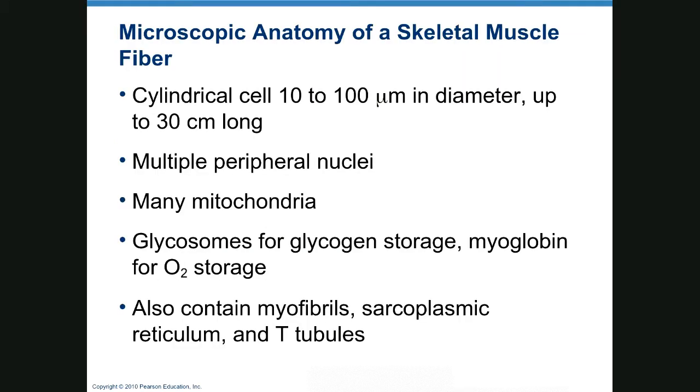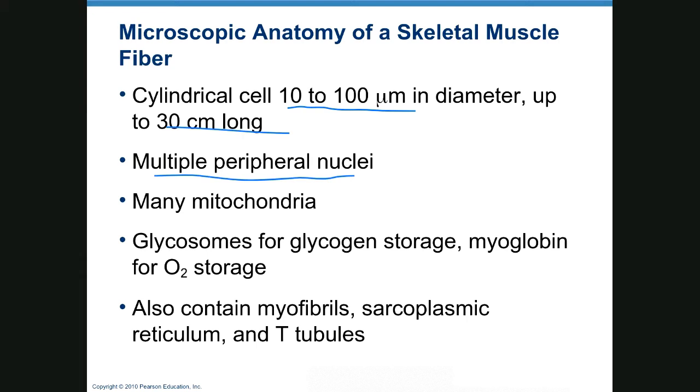Typical skeletal muscle can be anywhere from 10 to maybe 100 microns in diameter and up to 30 centimeters long, so very long but microscopically thin. Many nuclei, because if you don't have many nuclei, the cell doesn't know what to do. The message will never get to the end parts.